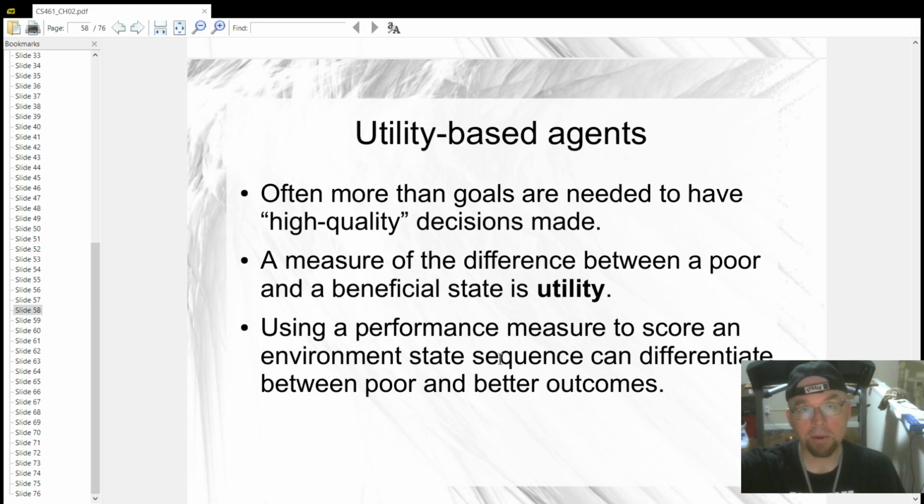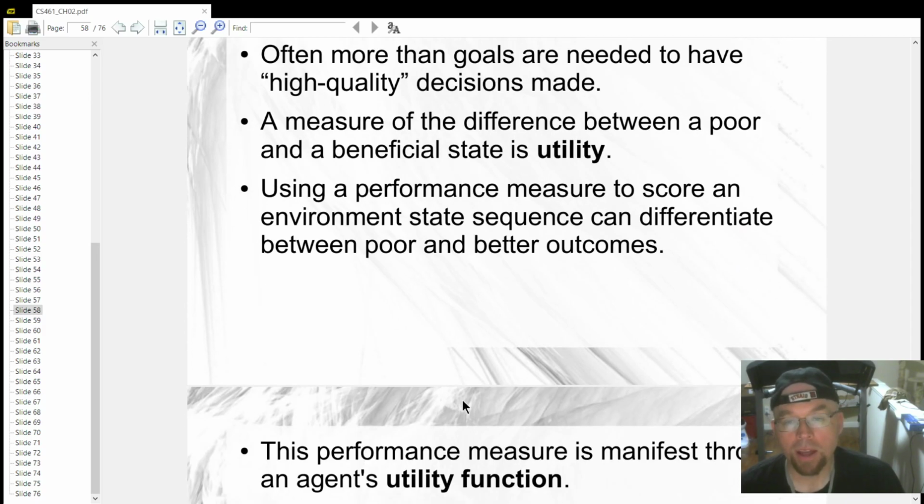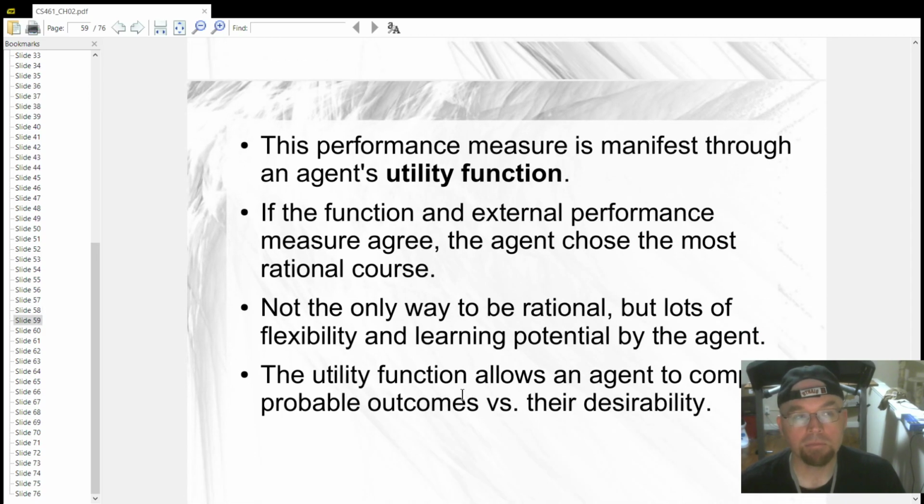You see what I'm saying? So we can use a measure of that utility to try to guide the agent in a certain direction to make it have better, higher quality decisions. Okay? We can make it a little bit more intelligent. That way we can score in an objective way which outcomes are better than the others.